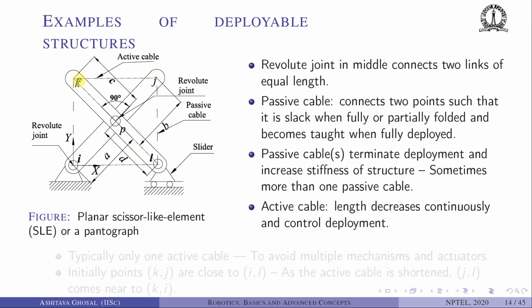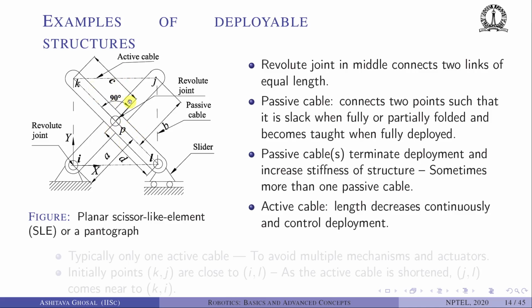So as you can see, as it starts pulling this cable, this point will go upwards. K and J will start coming closer to each other. Initially it might have been collapsed, but as you start pulling this cable, the height of this structure will increase.